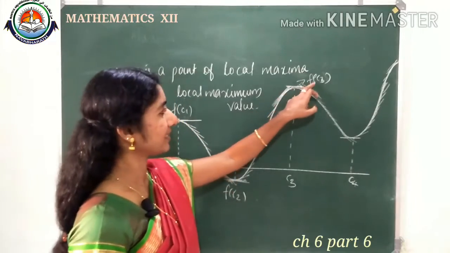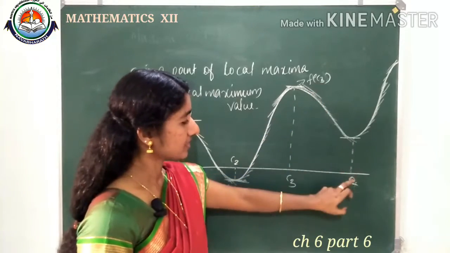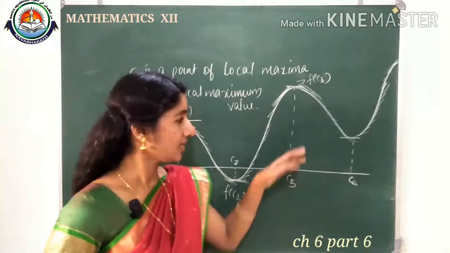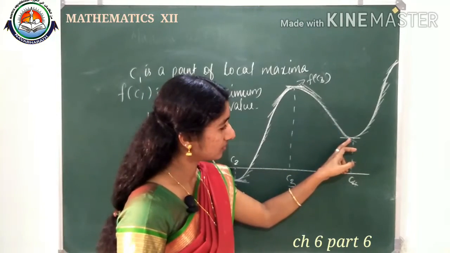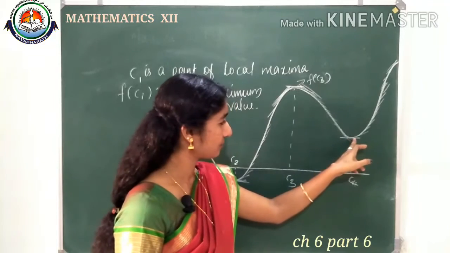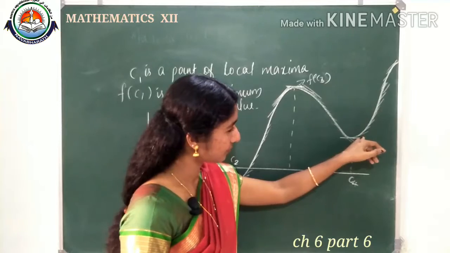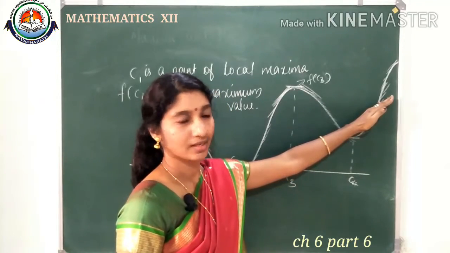Clear? So C3 is a point of local maxima, and in the same way C4 is a point of local minima. The slope of the tangent was negative, at C4 the slope is 0, and after C4 the slope is positive. Clear?